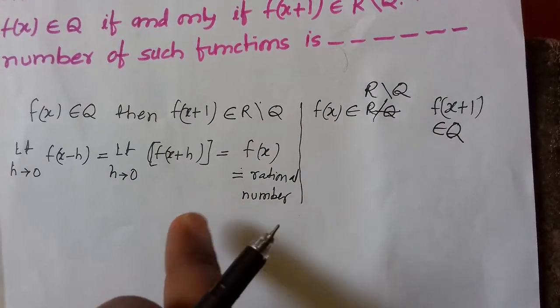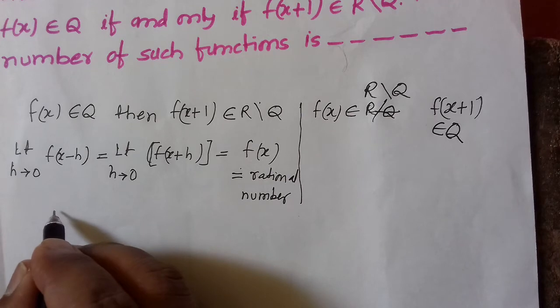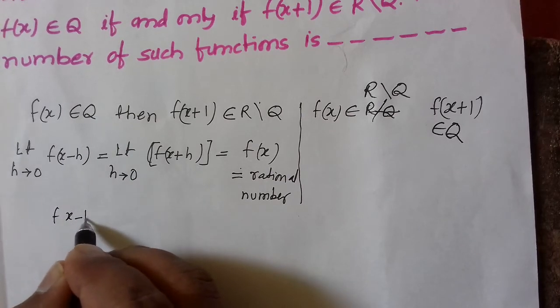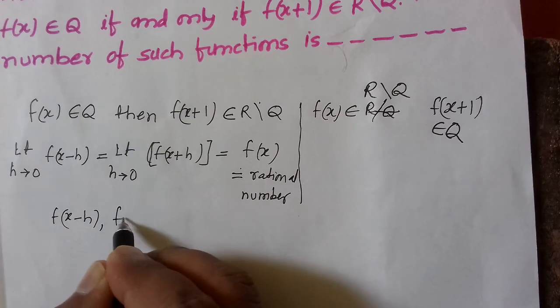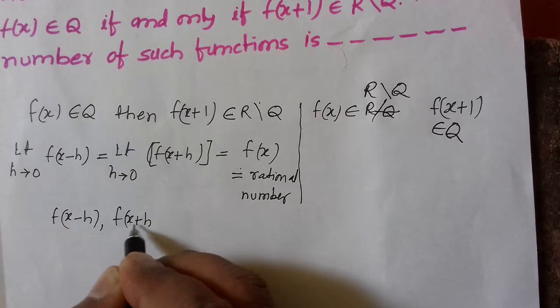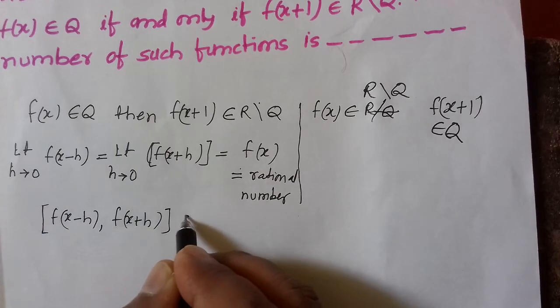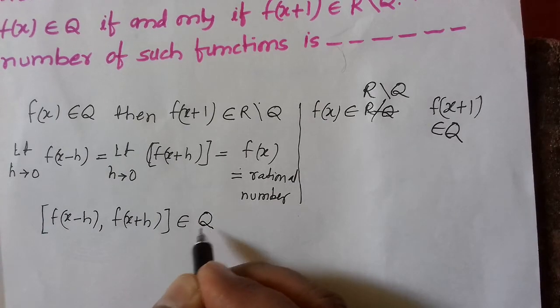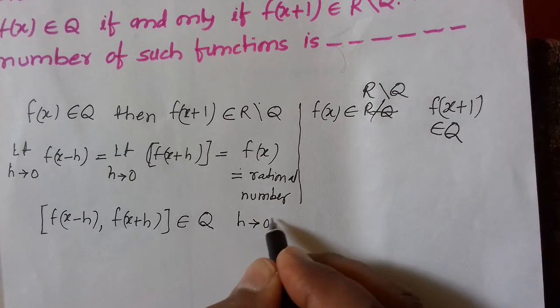This same thing can be written as I show you here: f(x minus h), comma, f(x plus h), this interval belongs to Q, rational numbers, where h tends to 0.